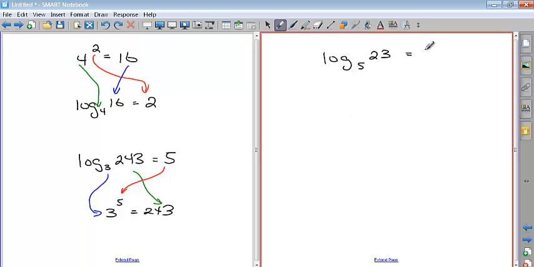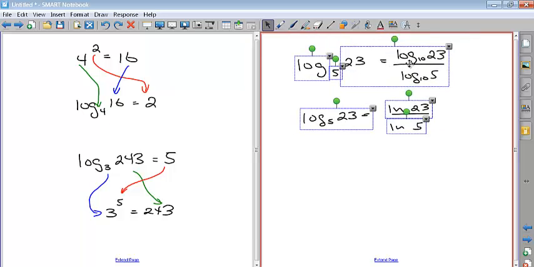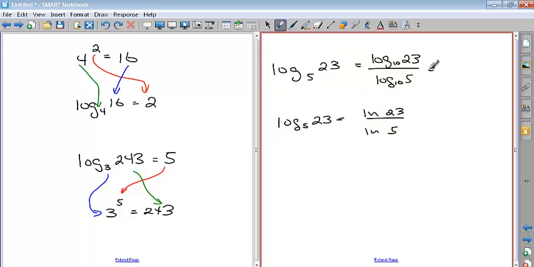Well, you can either use log base 10, so you'd say log base 10 of 23 divided by log base 10 of 5, or you could do the same thing using the natural logs. These are the two options that are available. So you take the log of the argument and divide by the log of the base. And if you do both of those on your calculator, so just do them and see what you get, you should get the same number.